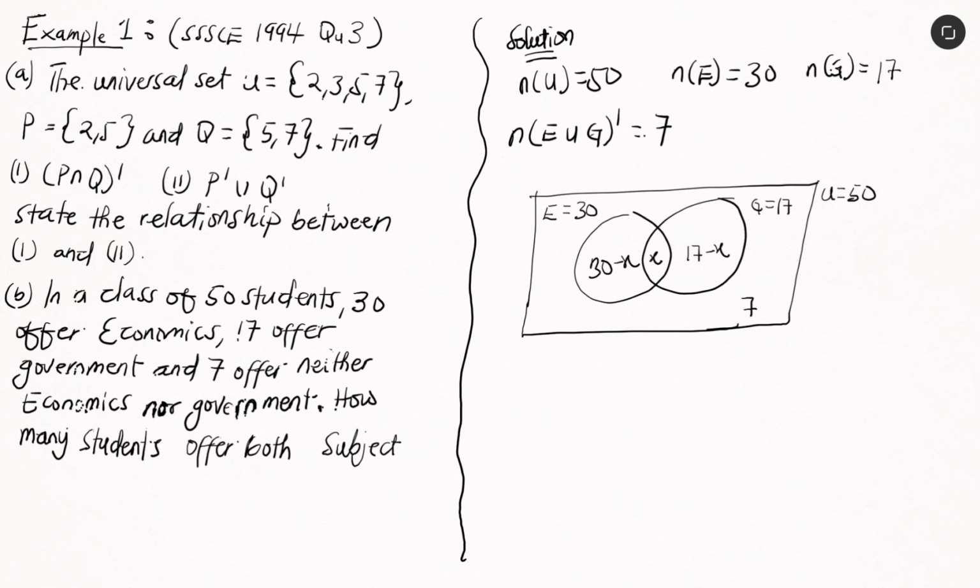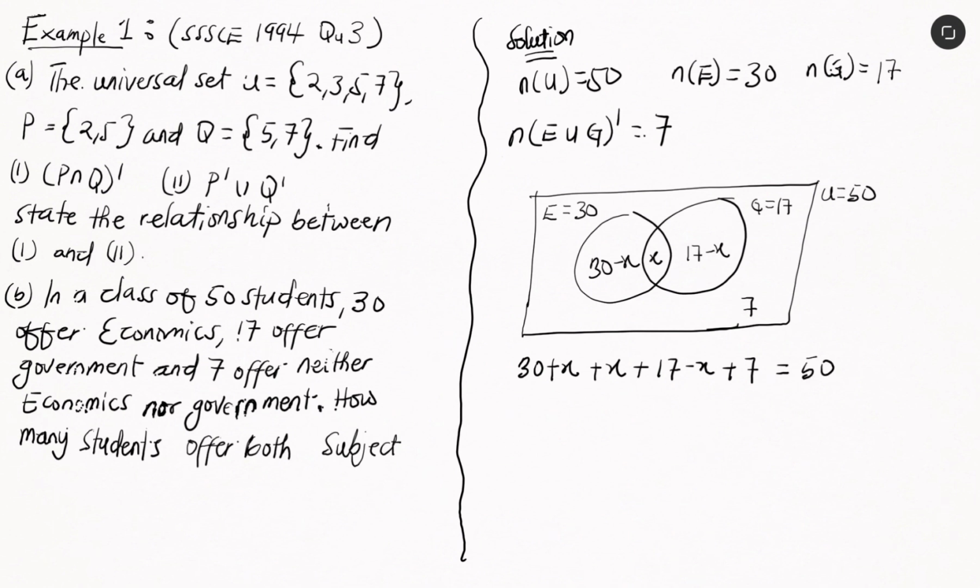Now, what it means is that if we add everything in the Venn diagram and what is outside the Venn diagram, it should be equal to 50, as we see over here. If we solve that, we should be able to get the value of X, that is the number of students that offer both subjects. So this means that 30 plus X, that is for economics, plus X, those that study both subjects, plus 17 minus X, that is for the government, plus those that don't study it at all, that is 7, should be equal to 50.